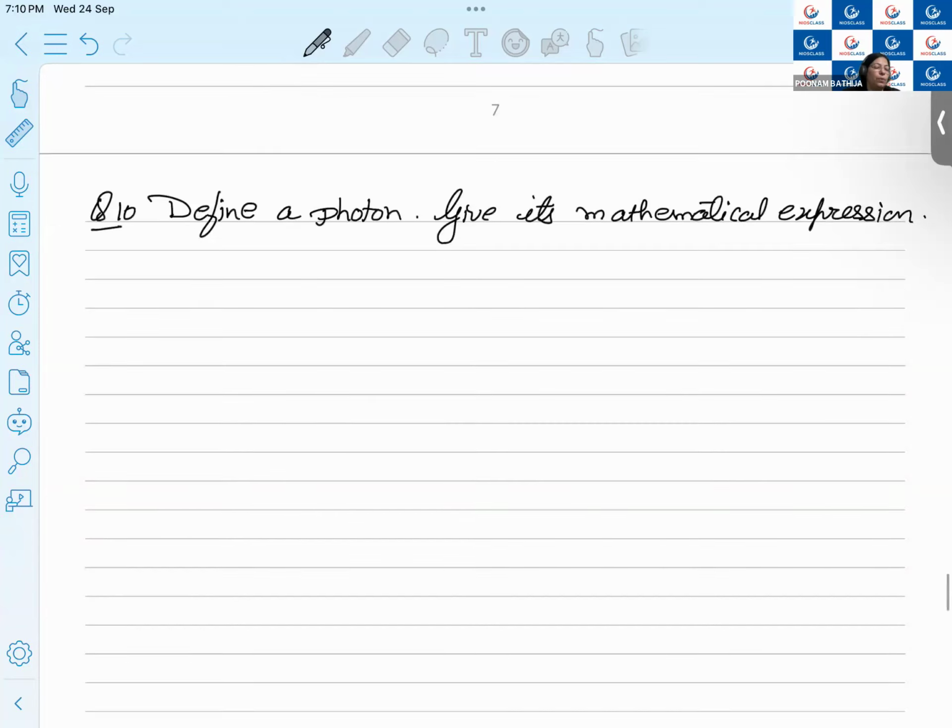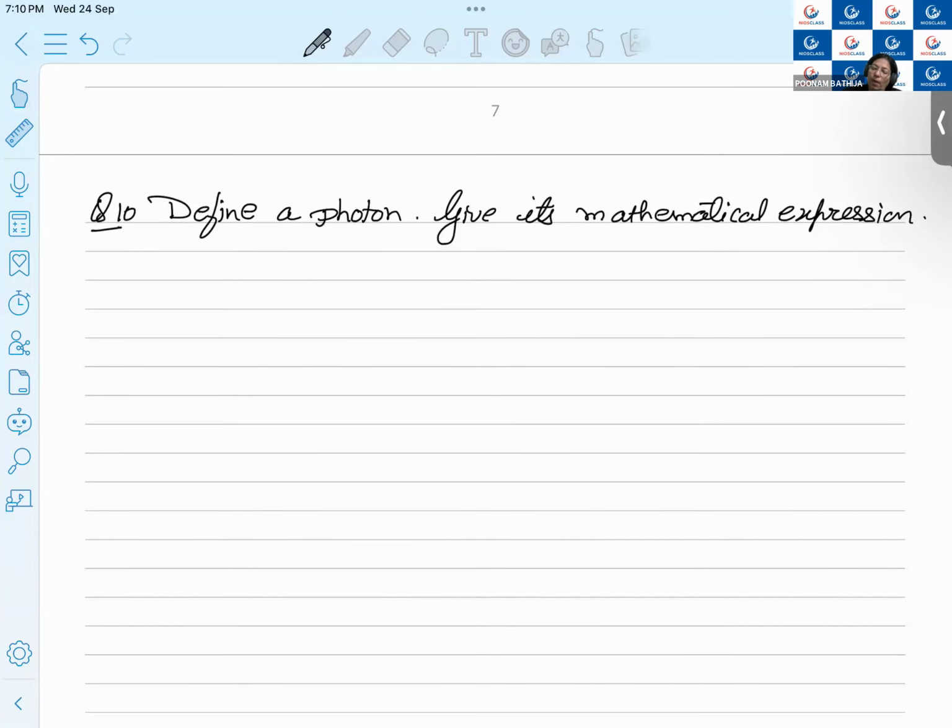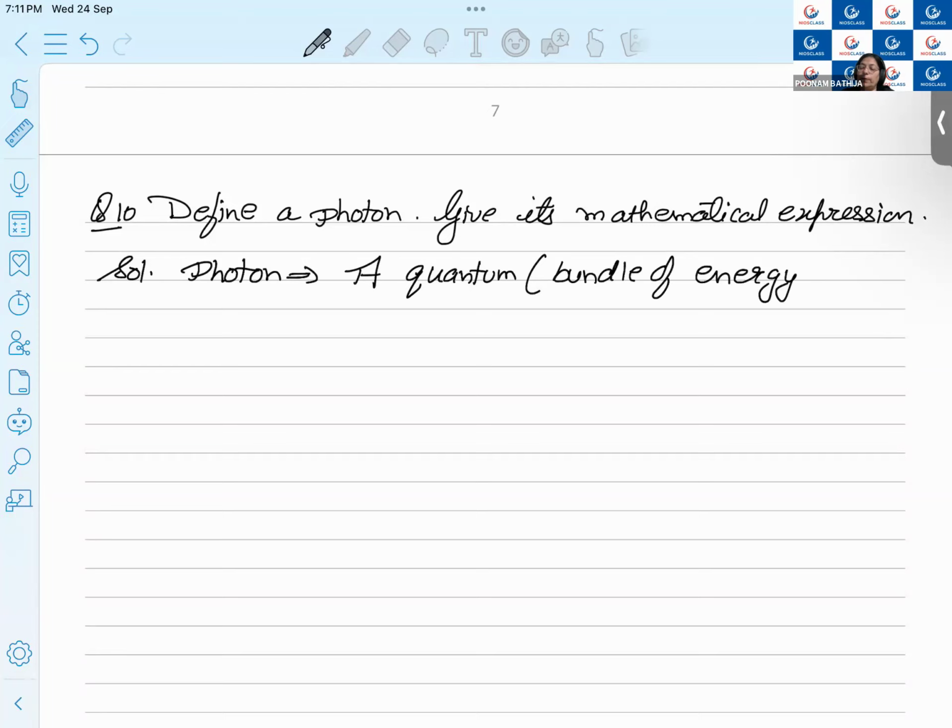Okay, what is photon? Solution we will write in this manner. A quantum of, and what is quantum? Bundle of energy. Okay? A quantum of visible light is called photon.